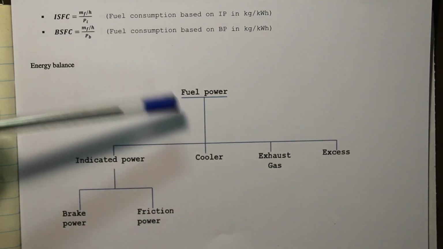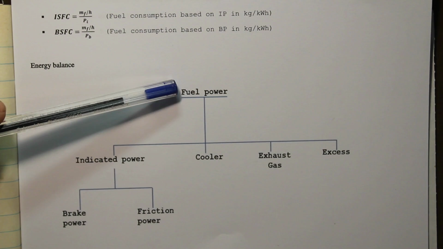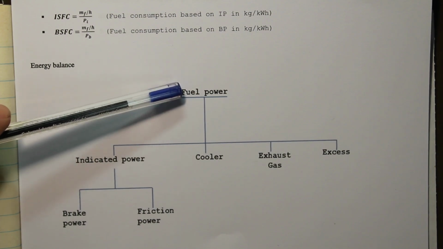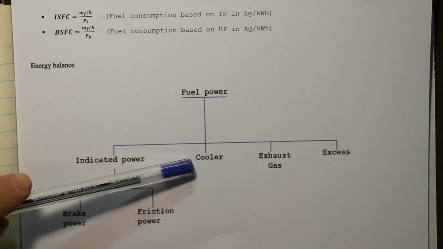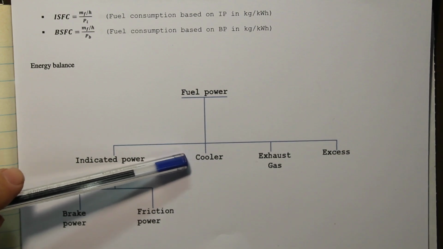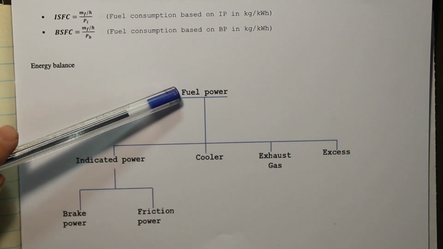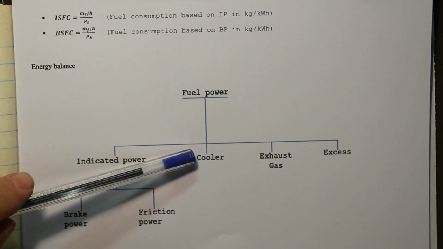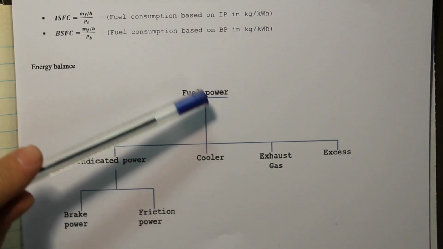So if we look at this simple diagram now, we've got fuel power in. Where are the losses that come out of that? Obviously, the radiator, which we call the cooler, is cooling down the engine. So a certain portion of this heat from the fuel goes into the radiator coolant, and that's hot water.